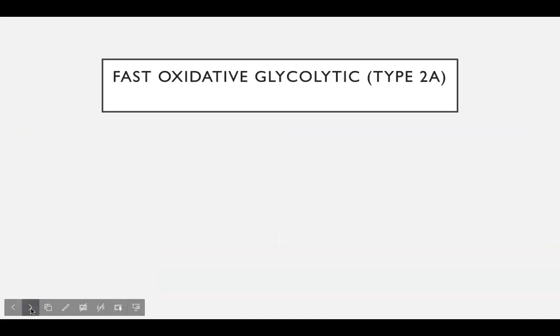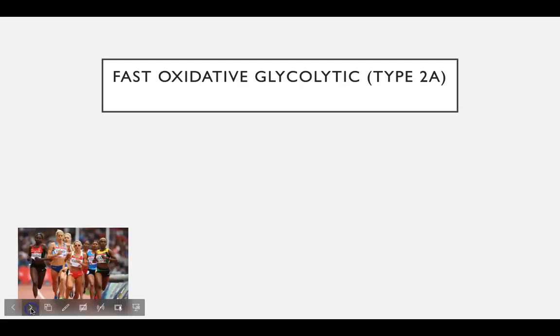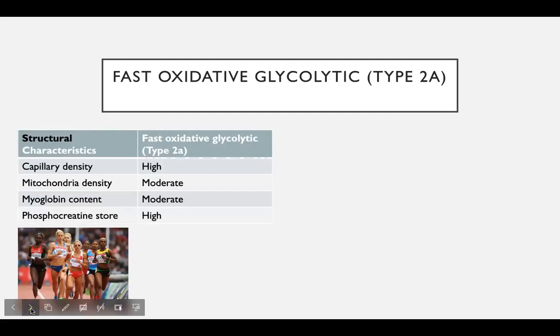Next is called fast oxidative glycolytic. So oxidative means oxygen, it has some oxidative capabilities, however fast, it's a fast twitch muscle fibre. So the structural characteristics of a fast oxidative glycolytic type 2A muscle fibre are: capillary density is high, mitochondria density is moderate, myoglobin content is moderate, phosphocreatine stores are high.